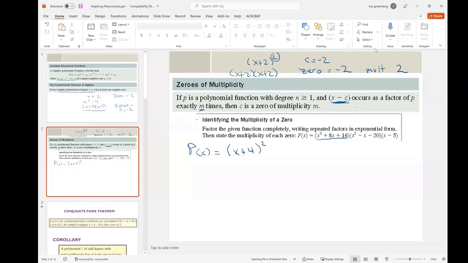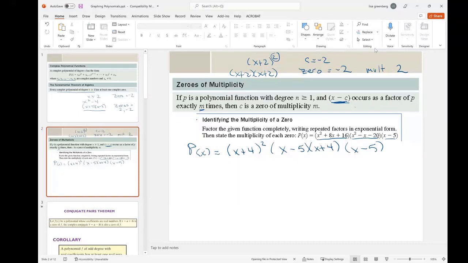Then I want to factor x squared minus x minus 20. And I can say that's the same as x minus 5 times x plus 4. And then I have this x minus 5. Okay, so now notice I have this polynomial factored into multiple linear factors.